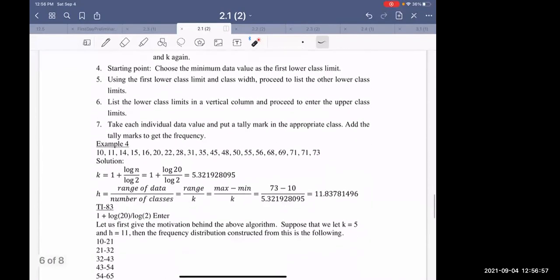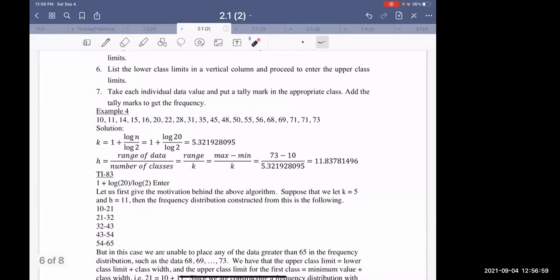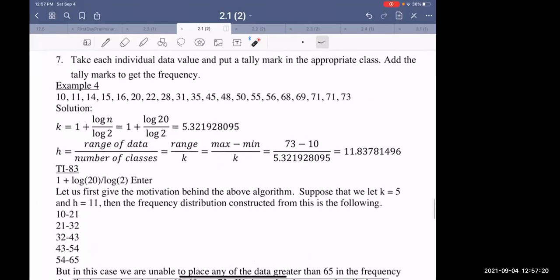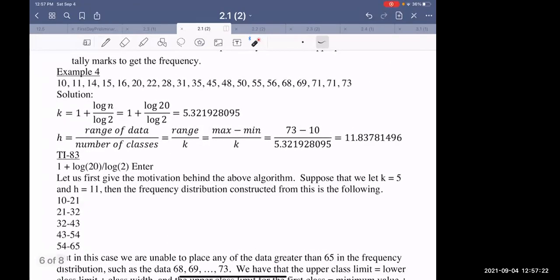Let me try to explain the algorithm with a particular example and hope that that clarifies what the algorithm is. So suppose I have the following set of raw data.